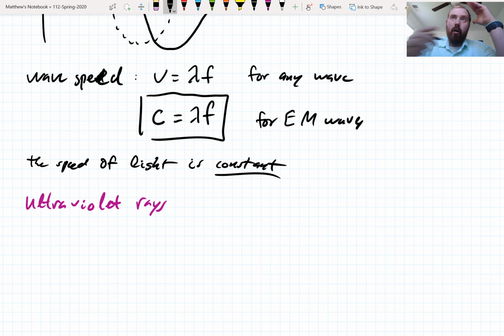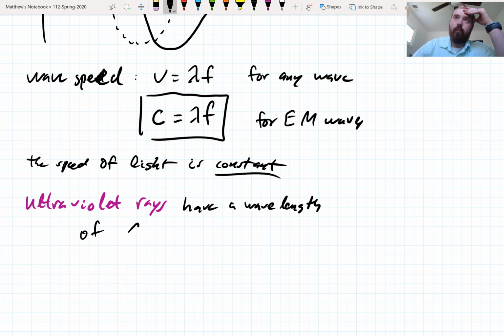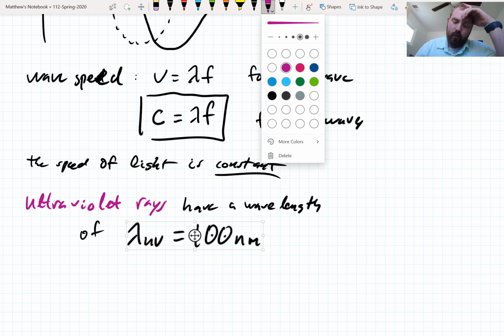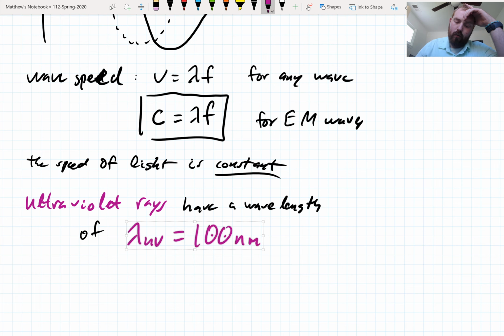But ultraviolet rays have a wavelength of lambda UV, that is 100 nanometers. And I'll change this into the purple color to help out with that.